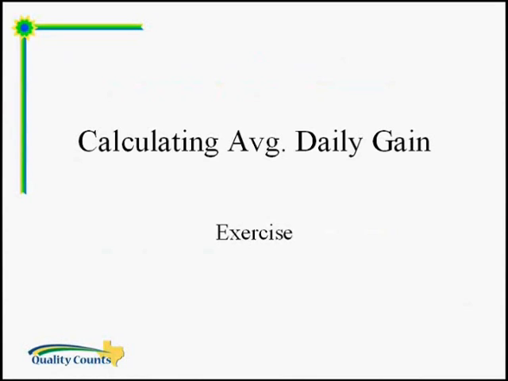So the 14 pounds divided by the 7 days in that week will give you 2 pounds average daily gain. Okay, I hope you're following through. We have one more last question here to give you a chance to look and see how we came up with the formula for these answers. Let's look at number 3.